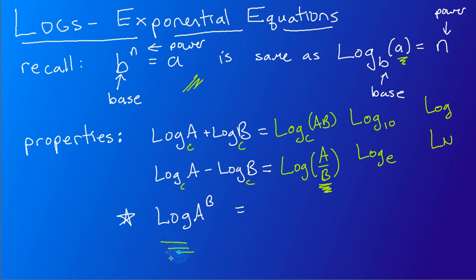The rule that we're going to need is this one, the power rule of logarithms, which basically tells us that this power is going to pop to the outside. So we have b times log of a, whatever our base happens to be. So for solving our exponentials, we're actually going to need just base 10 or just the natural logarithm. So let's go ahead and take a look at our first example.